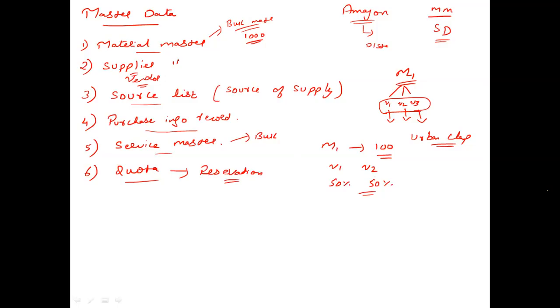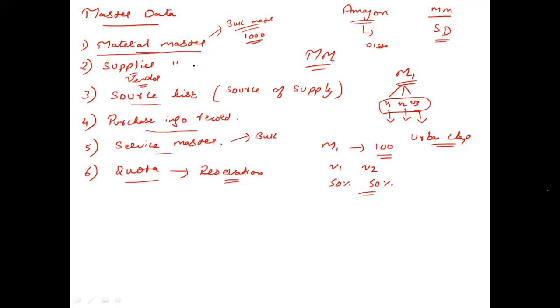So these are the types of master data which are in the SAP system. If you are going to learn MM, the first thing you need to know is what the master data are and what the different types of master data are. Now today we'll be discussing completely the material master. For each of the master data, we have different sessions.